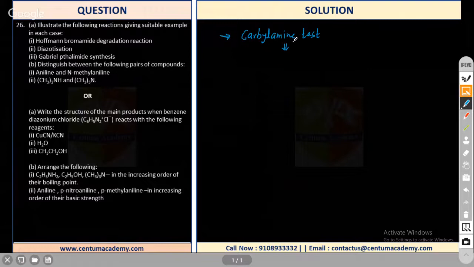And what happens in this test? We used to heat primary amines with chloroform in alcoholic KOH, right? And that gives a foul smell and forms isocyanide, which we call carbylamine also, right? So in this test, what happens? This is given by primary amines only.